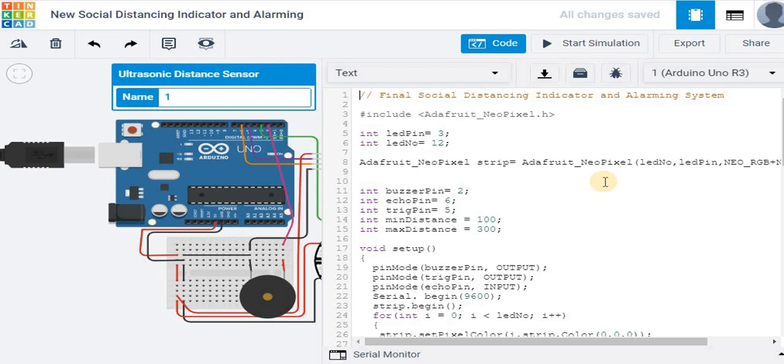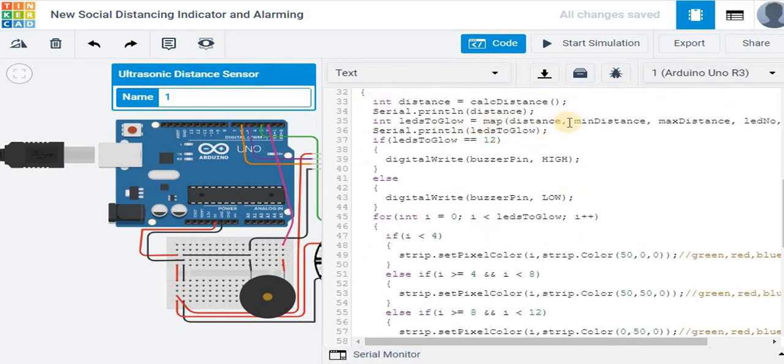If the person moves away from the person who is carrying this system, LEDs start turning off, and if 300 centimeters or more, no LED will glow. As you can see from the code, the Adafruit NeoPixel library is invoked and a function is written with respect to LED number and LED pin.